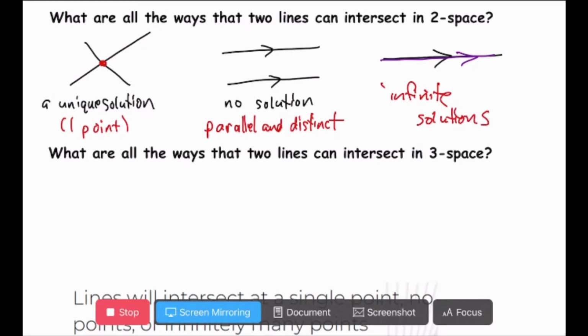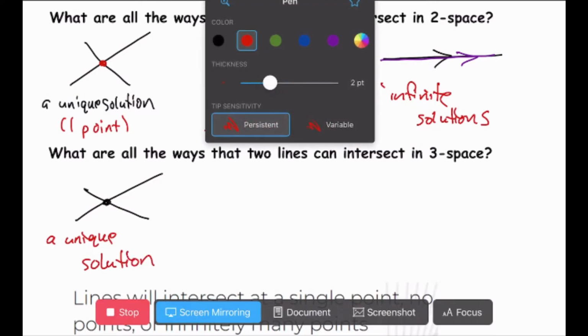All right, what about in 3 space? Let's talk about the same thing, but in 3 dimensions. Once again, we can have a unique solution. We can have lines which are parallel and distinct.